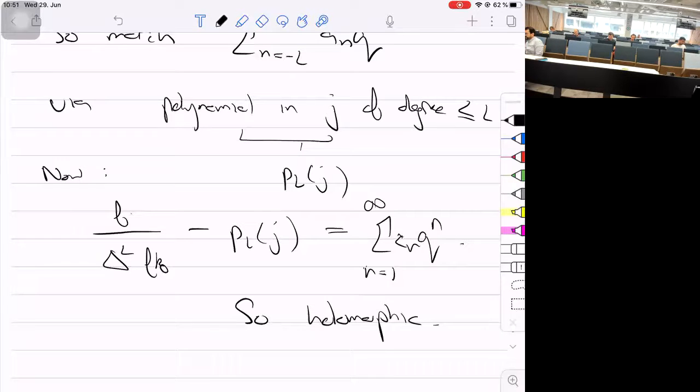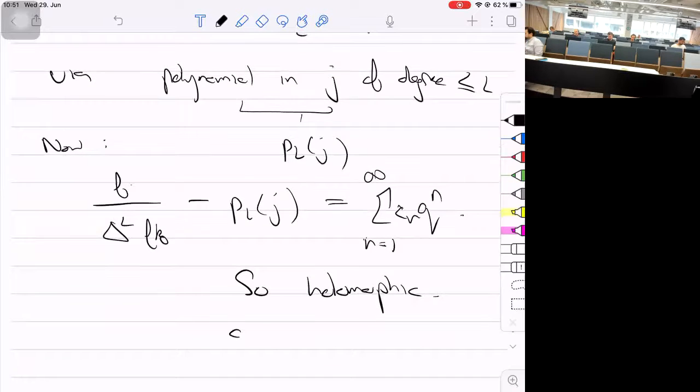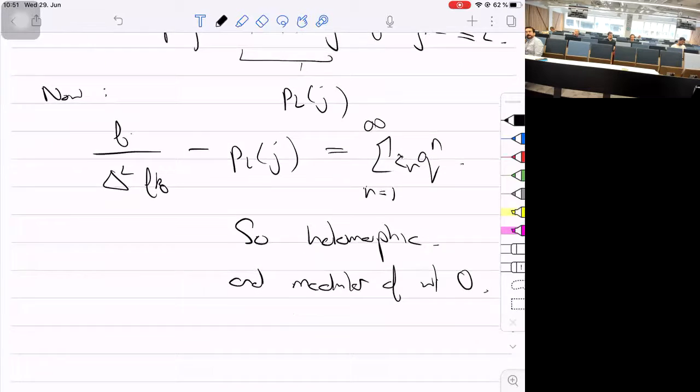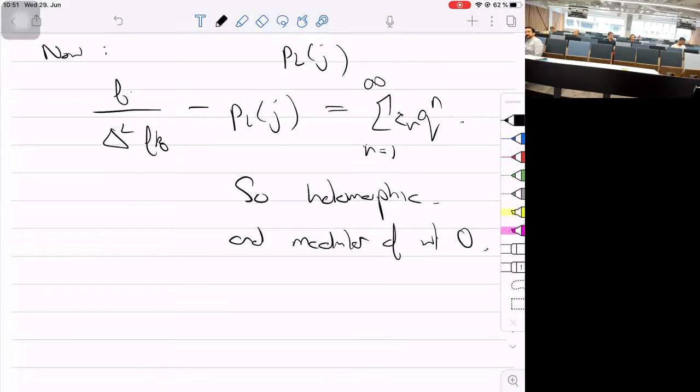There's no pole at Q equals naught. But we also said it's modular with weight 0, because everything transforms with weight 0 here. And there are no modular forms of weight 0 except for constants. And the constant here we eliminated.